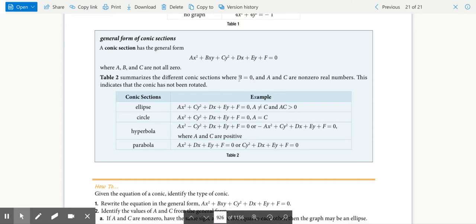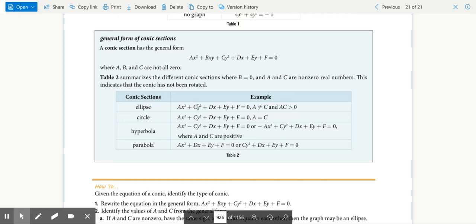So if b equals 0, for an ellipse, we're going to have the equation such that a and c are different, but they're either both positive or both negative. So you could have a -2 and a -3 here, and that would be an ellipse because they're different and both negative.